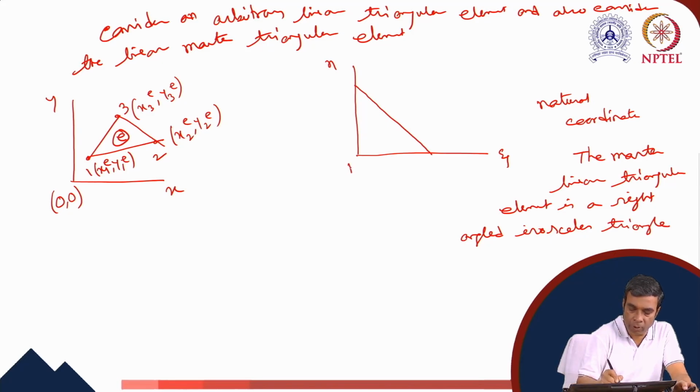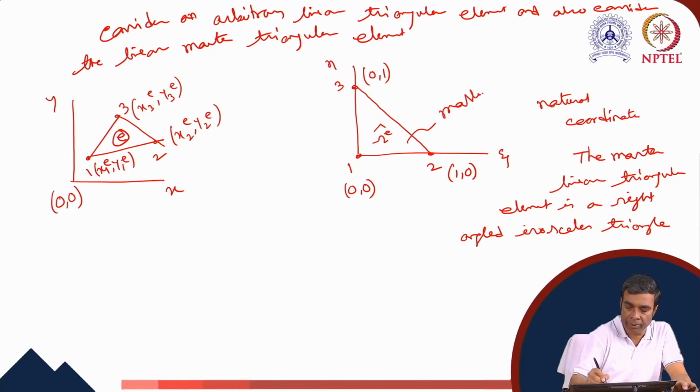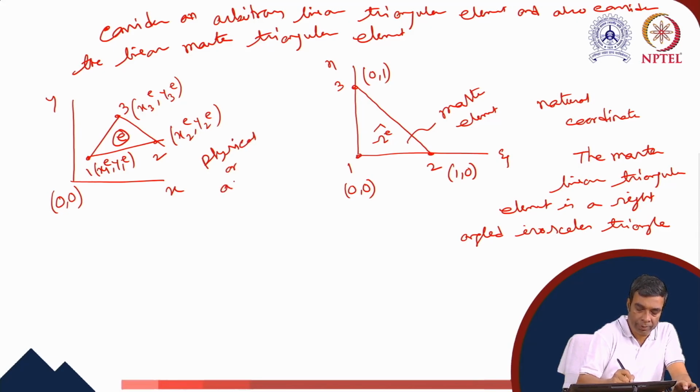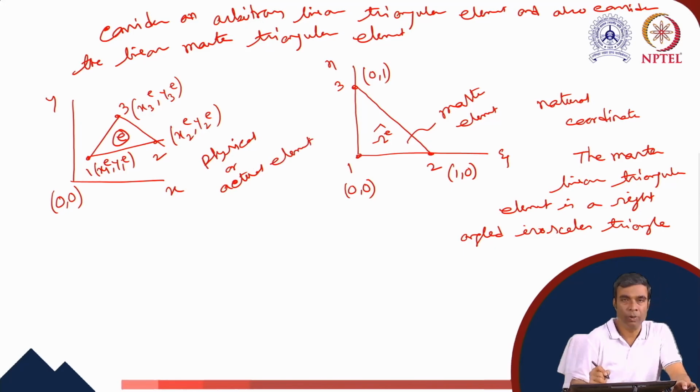Here the local nodes are identified as 1, 2, 3 with coordinates 0, 0, this is 1, 0, and this is 0, 1. So this is the master element, and this is the physical or actual element. So we have a 1-to-1 mapping from the physical plane to the master plane.